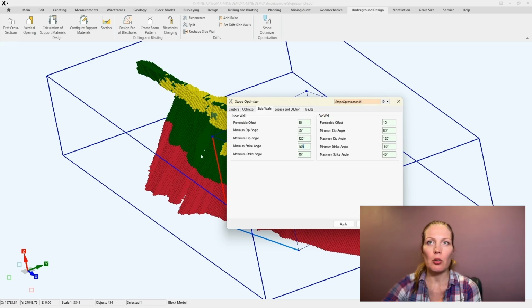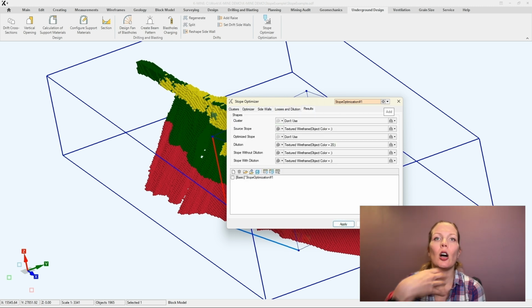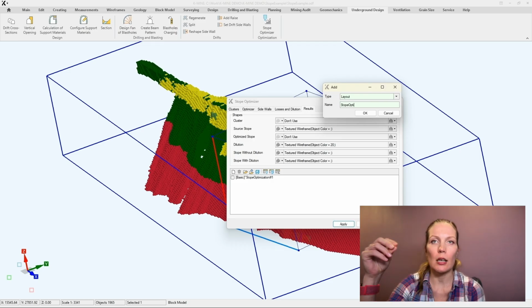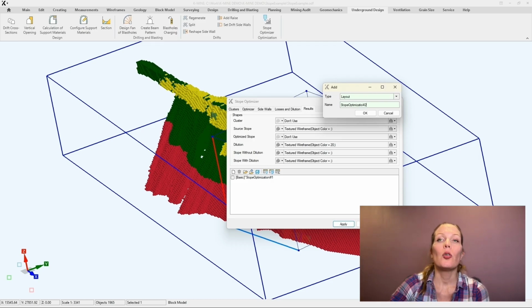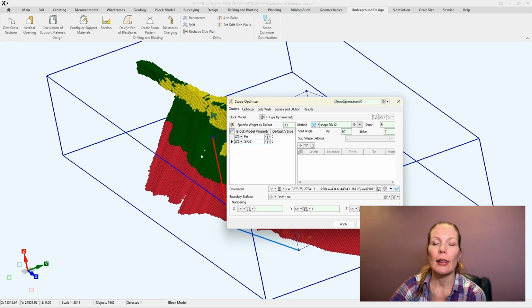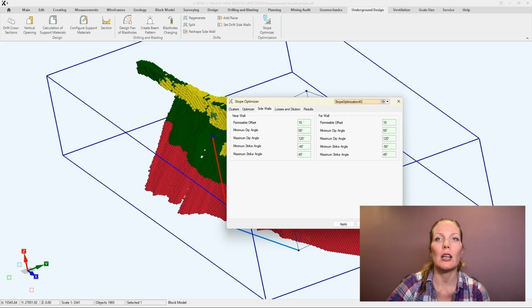For gently dipping stratiform deposits laid out as room and pillar, spacing, room width, and height are dictated by the method, so the optimizer constructs stopes that follow those exact dimensions. For a stockwork body under sublevel stoping with backfill, constraints reflect the allowable level height and room length, so the resulting stope is ready for design without later reshaping.